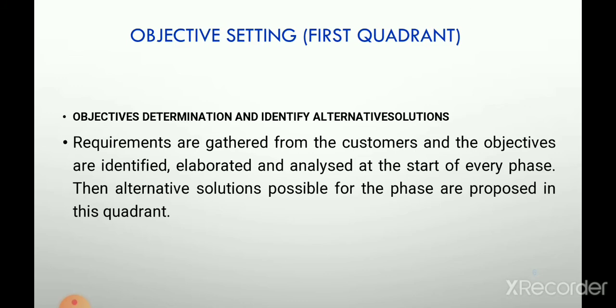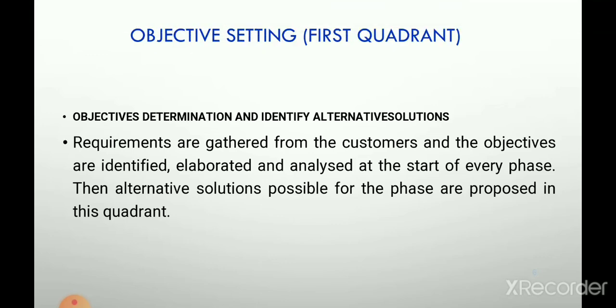Requirements are gathered from the customer, and the objectives are identified, elaborated and analyzed at the start of every phase. Then alternative solutions for the phase are proposed in this quadrant.